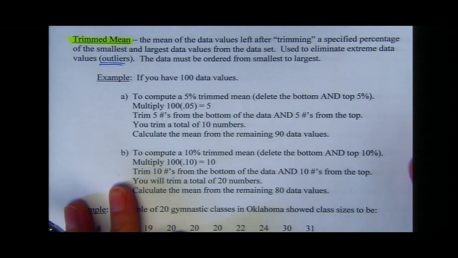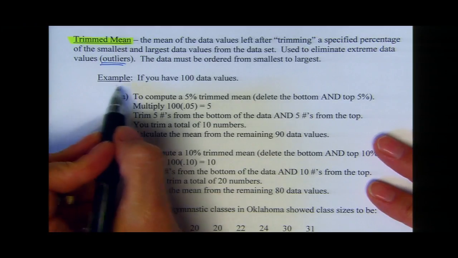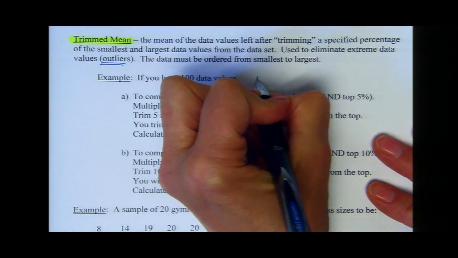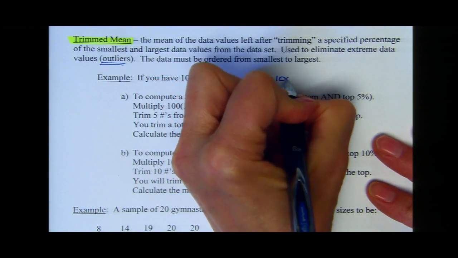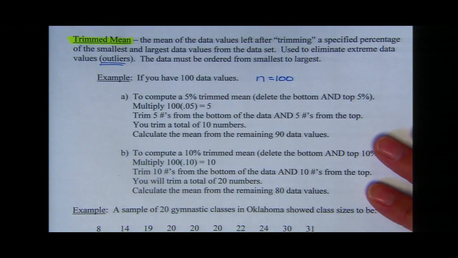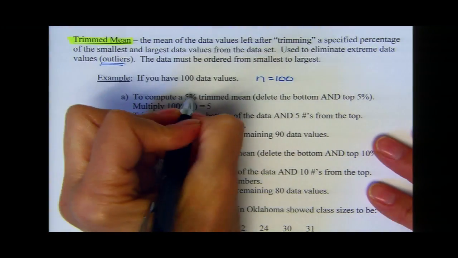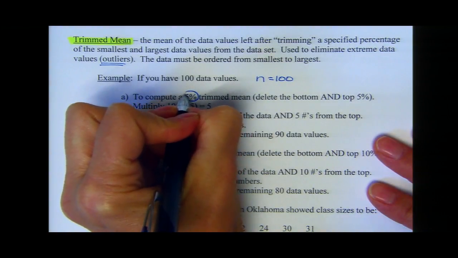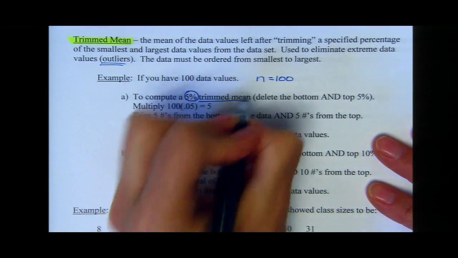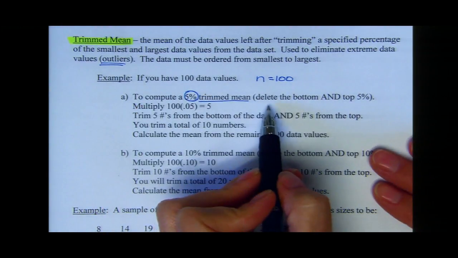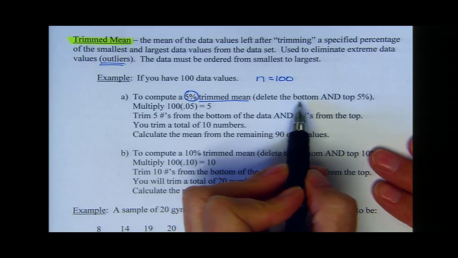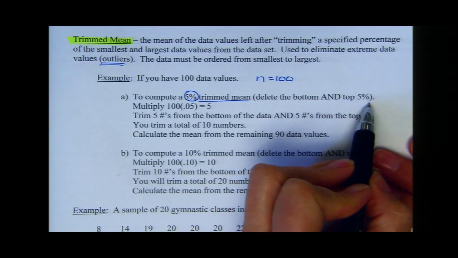So here's what it's talking about. This example says we have 100 data values, so it's telling us that n is 100 values. So if we were going to look at a 5% trimmed mean, that tells me that I will delete the bottom and top 5% of the data values.